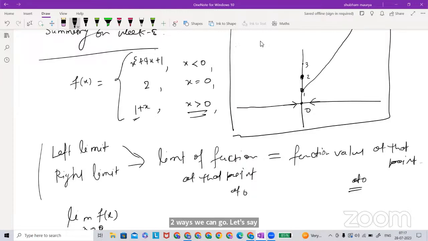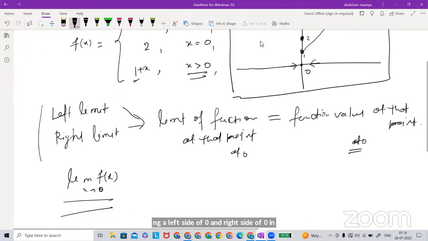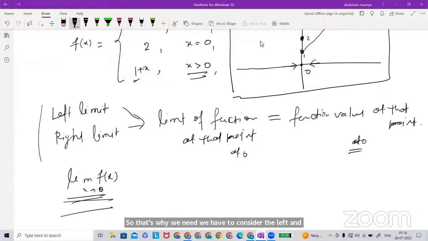And our function itself also has a left side of 0 and a right side of 0 in a stepwise way. So that's why we have to consider the left and right limit. Before getting this limit, we have to get the left limit.